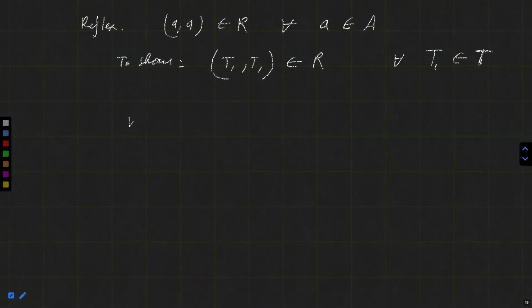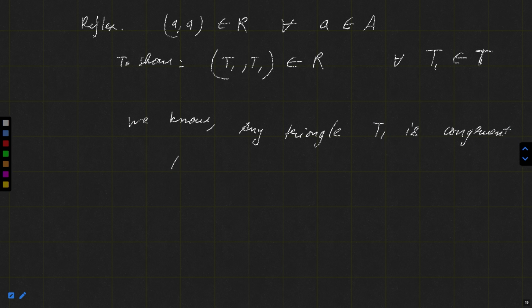Okay, we know that any triangle T1 is congruent to itself. This means any triangle T1 is the same as itself, same in size and same in shape.